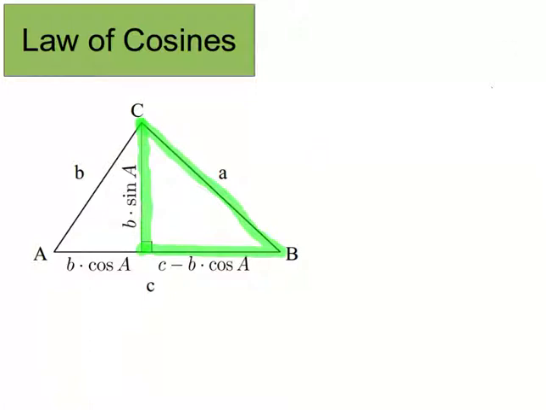Okay, so let's remind ourselves that the Pythagorean theorem is one leg squared plus the other leg squared will always equal the hypotenuse squared.